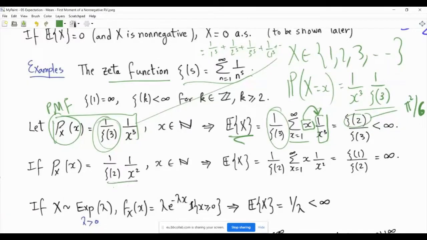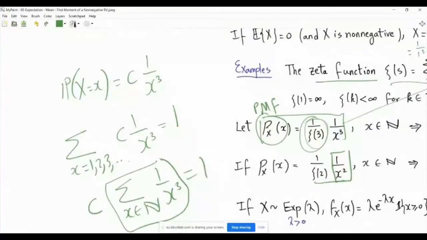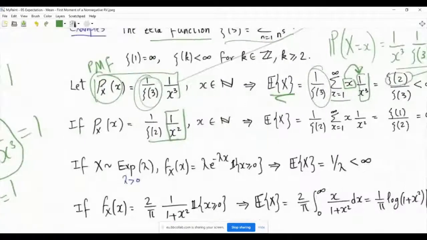Now, what if we define a discrete random variable such that the probability is proportional to 1 over x squared? You can play the same game. What should be the factor of proportionality? You will discover that now your normalizing constant should be 1 over zeta 2. So what will be the first moment? You take x and multiply it by its probability, which is 1 over zeta 2 times 1 over x squared.